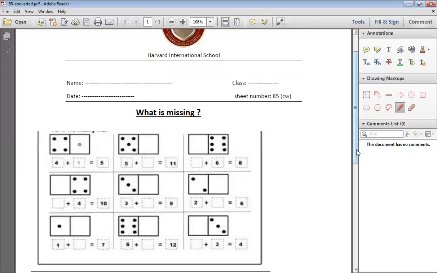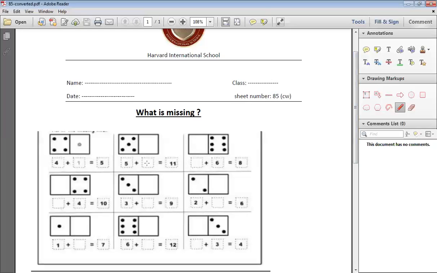Okay, what do I mean by the missing number? The missing number means that he is asking about this number or this number. He is not asking now about the total. He may ask you about this number. See, where is the empty space here?